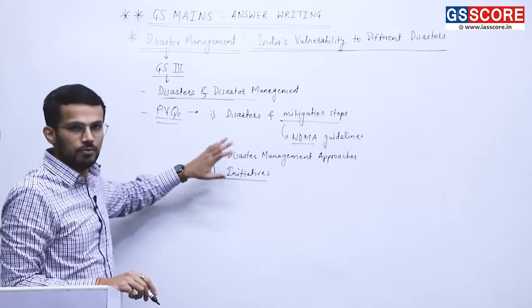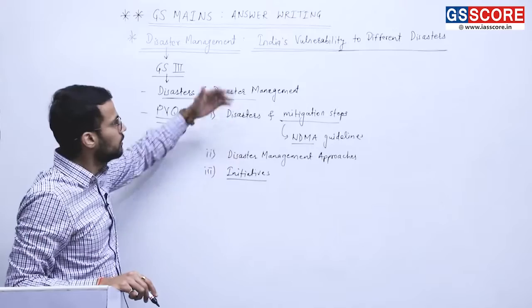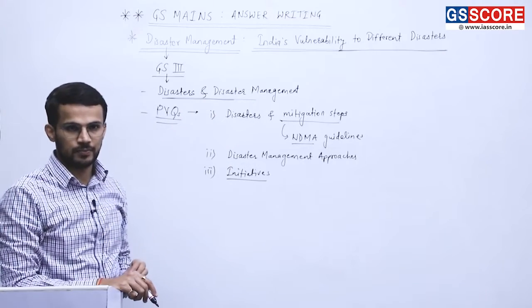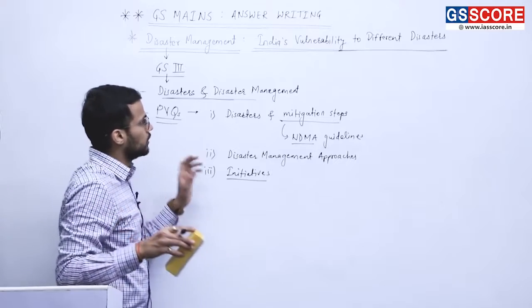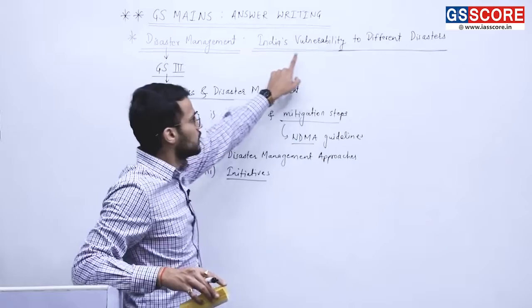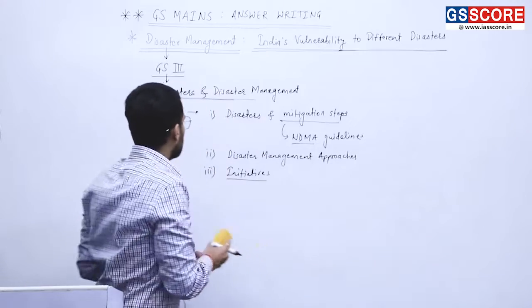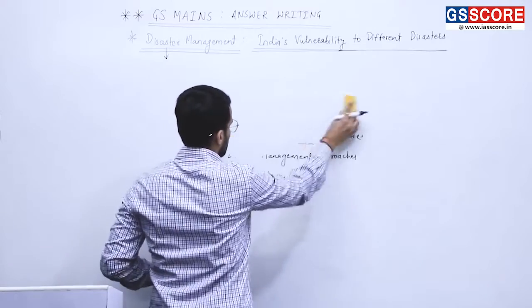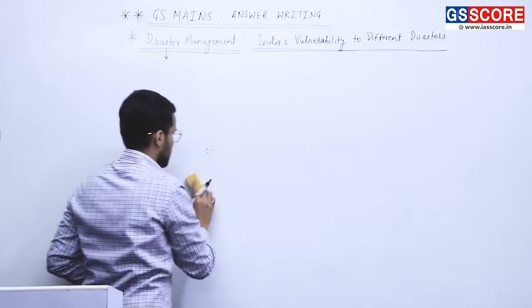On the basis of previous year questions, we will be discussing the vulnerabilities to different disasters, right? So the theme that we will be discussing in this session is India's vulnerability to different disasters.